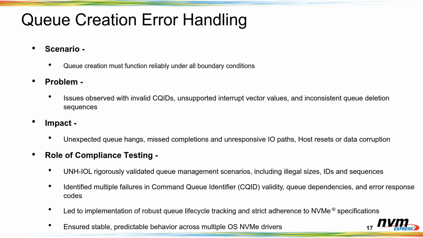Due to this, we were able to implement a much more robust queue lifecycle tracking and much stricter adherence to NVMe specifications. And we were able to have this behavior across different OS NVMe drivers. So this was the first scenario.